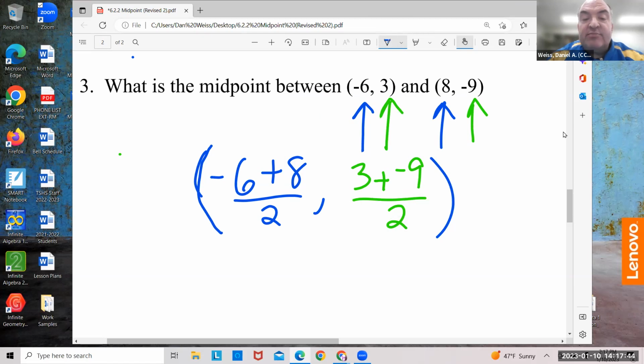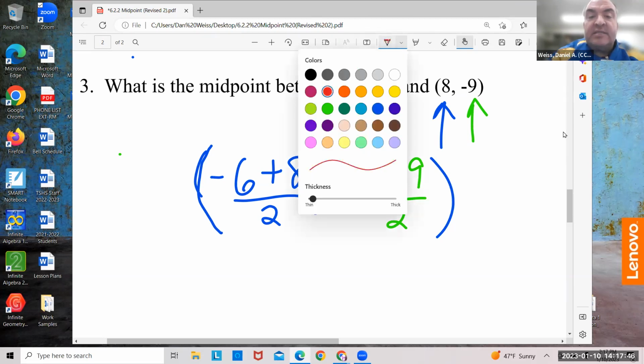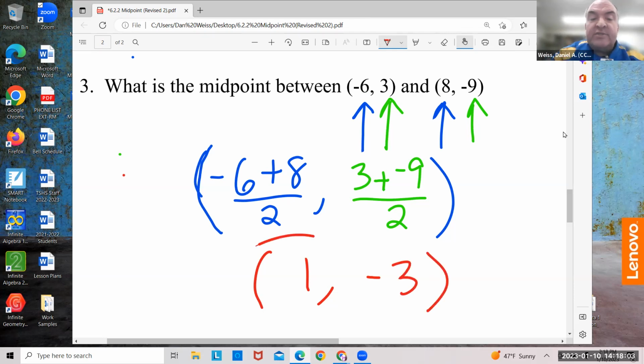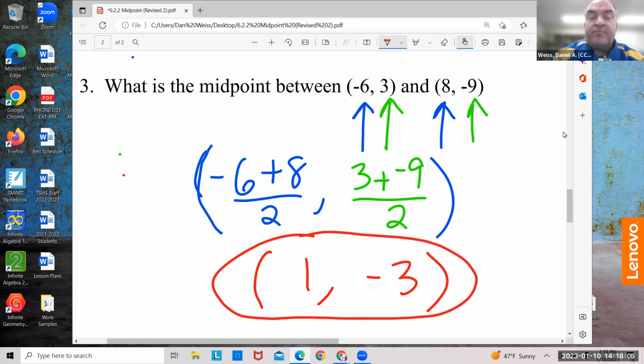What's -6 plus 8? -6 plus 8 is +2. And 2 divided by 2 is 1. 3 plus -9 is -6. And -6 divided by 2 is -3. There's your answer. That's all you do.